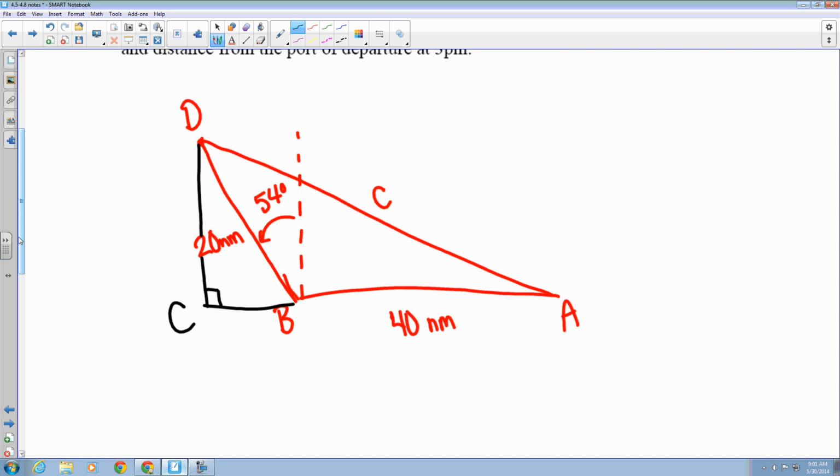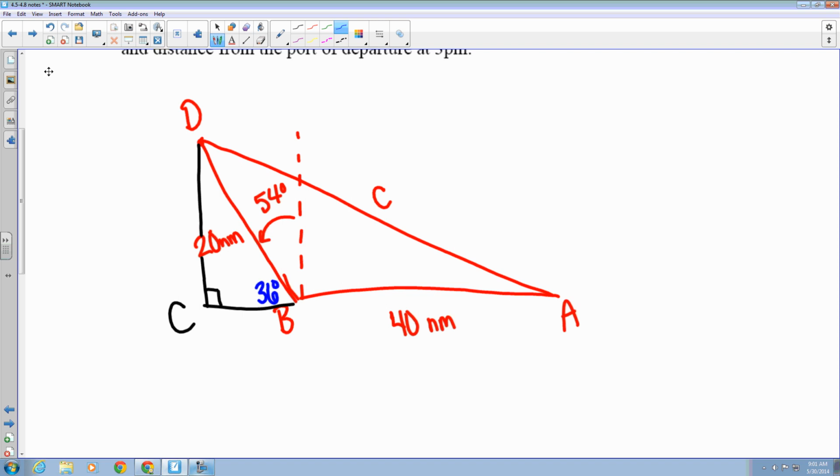And if I know that I have north 54 degrees west, then I can also find my little angle B. So that little angle B there, CBD, is 36 degrees.